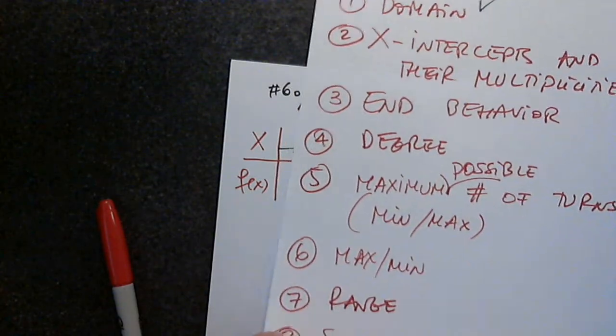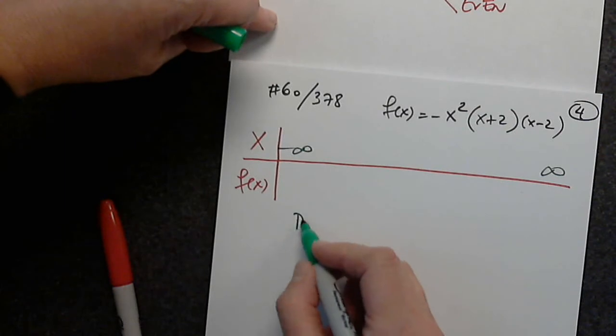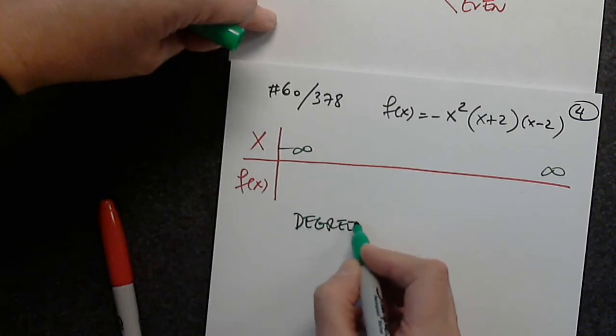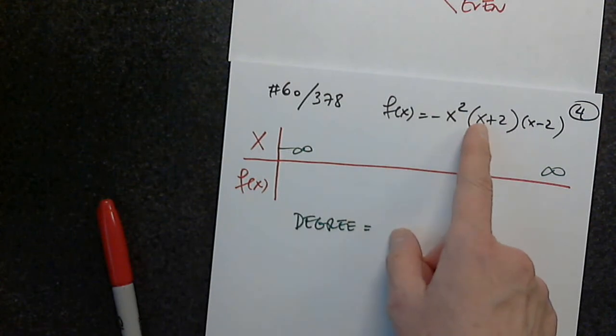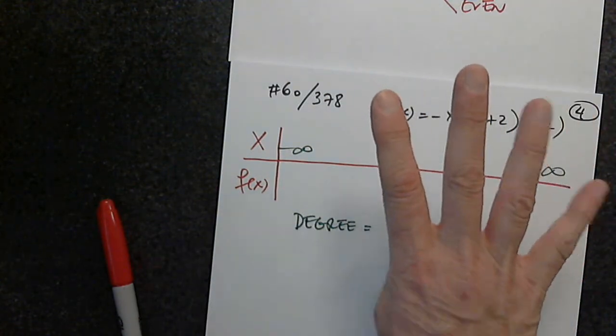Okay, now, so I checked this. Now I would like to jump to the degree. Can anyone give us the degree? Four. Thank you very much. Square times x is degree 4.